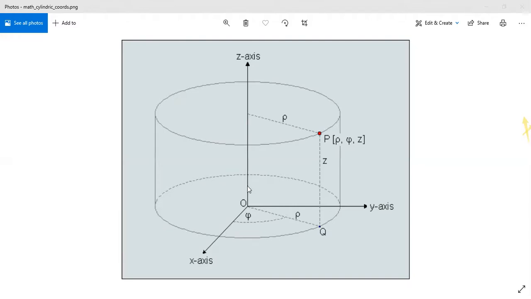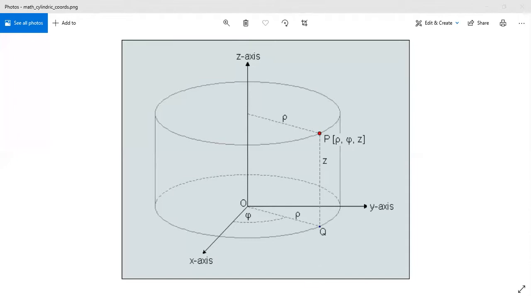For points on the z-axis, phi is indeterminate. Such points are called singular points of the transformation. I repeat, for any point on the z-axis, phi is indeterminate, and such points are called singular points of the transformation.